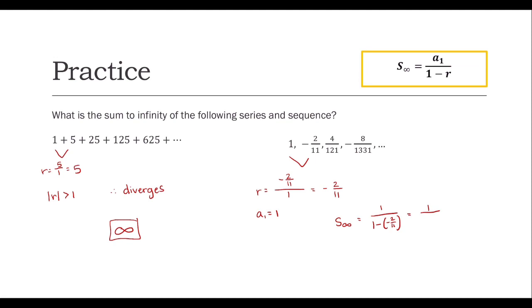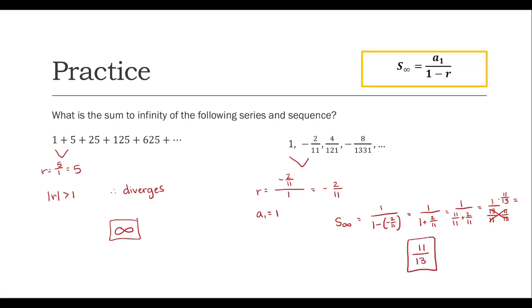So that's 1 over 1 plus 2/11, which is 1 over 11/11 plus 2/11, which is 1 over 13/11, which we multiply by 11 over 13. And we'll get that our sum equals 11 over 13.